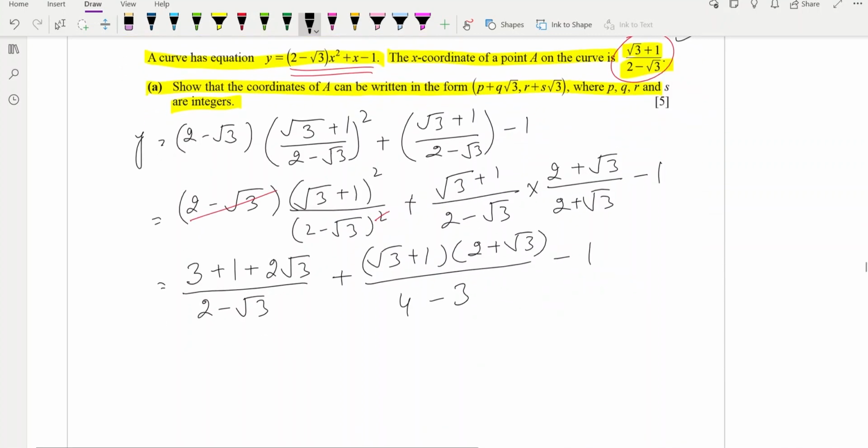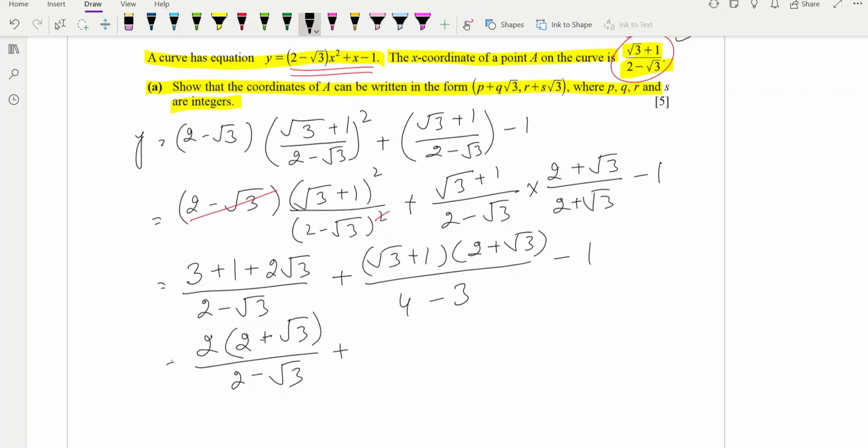Now further we can rewrite it as 3 plus 1 will be 4, so from 4 we can take 2 common, so inside will be 2 plus √3 over 2 minus √3, and plus this one, 4 minus 3 will be 1.